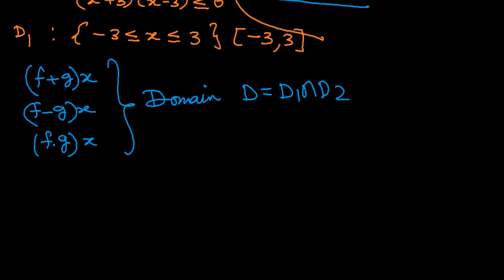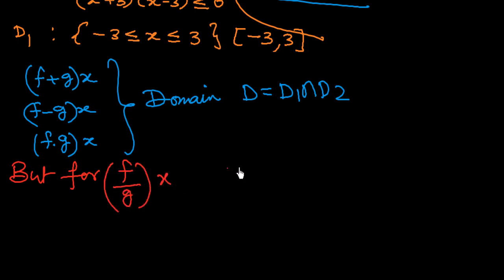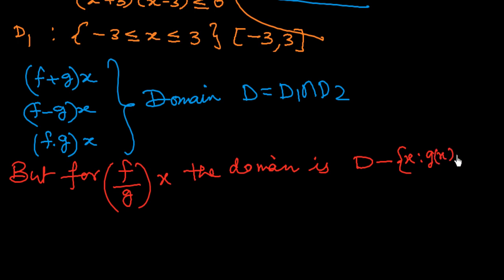But for f over g of x, the domain is D minus the x such that g of x is equal to 0.